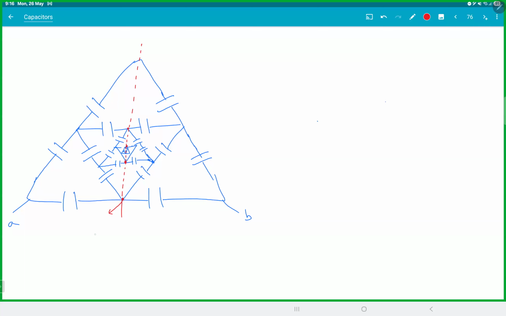So all these nodes can be opened up, isn't it? Now it will become symmetrical. Now it looks like the whole circuit. So we have to use the bisector symmetry.